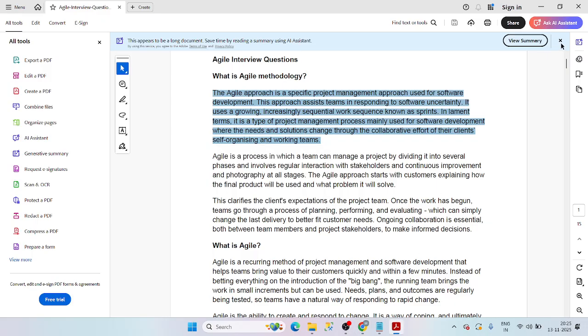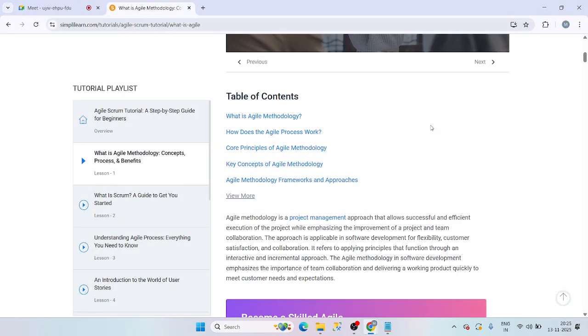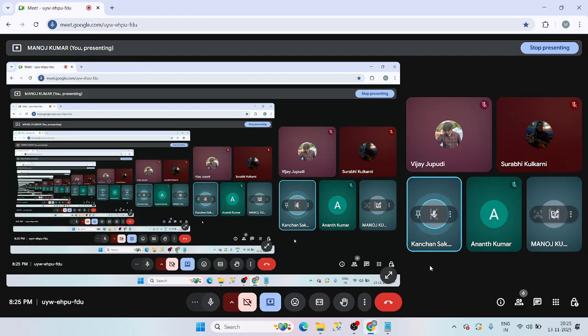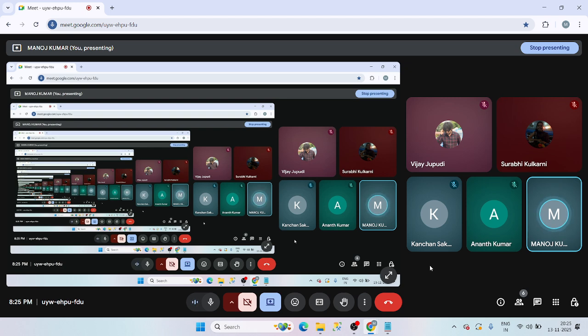Yes, Manoj. Yes, Kanchan? Since we have to explain what we are doing as a Scrum Master, if anyone asks you what is agile methodology, you have to say that agile methodology is a project management approach, and it is iterative, and by using this agile methodology, we are going to have continuous improvements by using sprints.